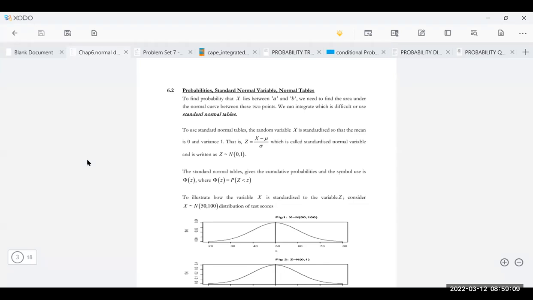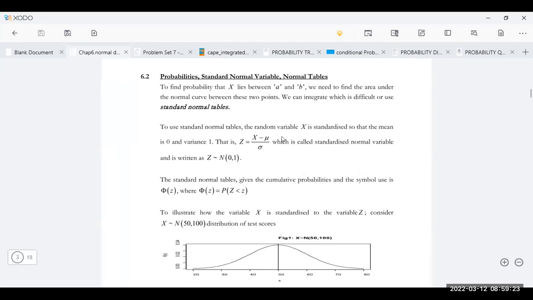Look for the normal distribution notes maybe sometime tomorrow. I'll summarize it definitely by tomorrow.